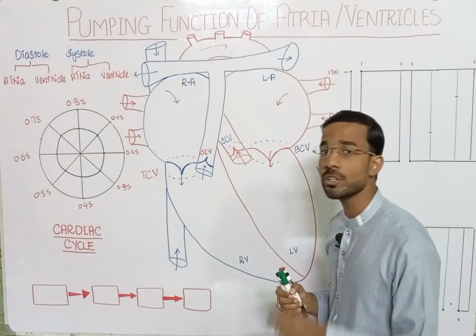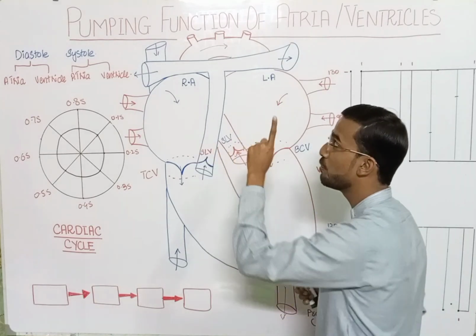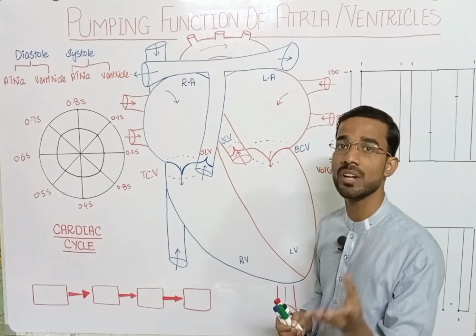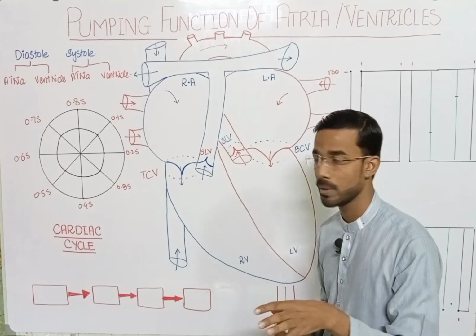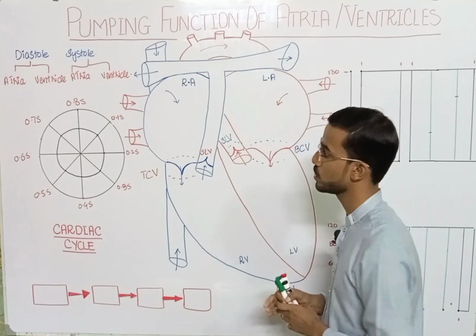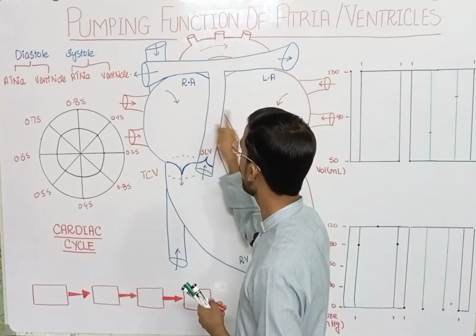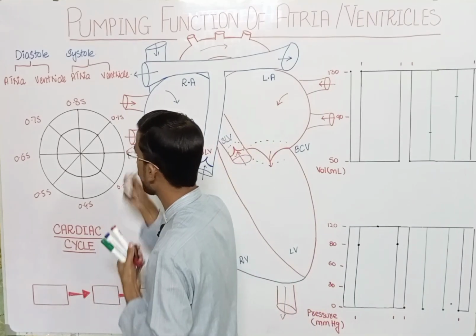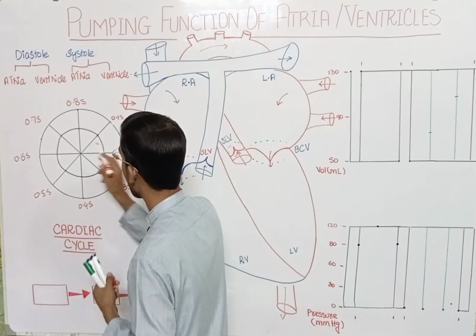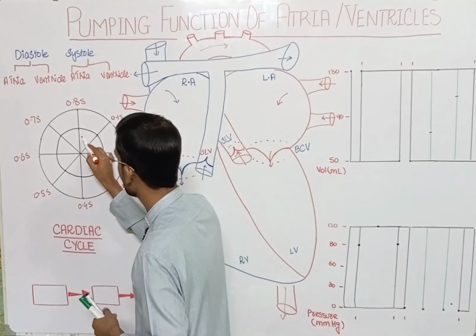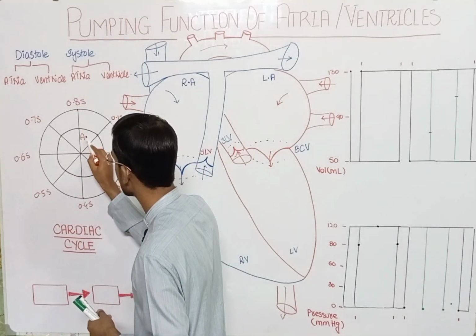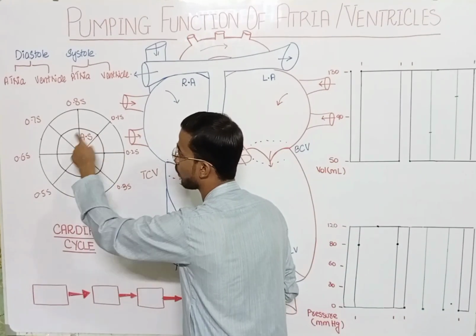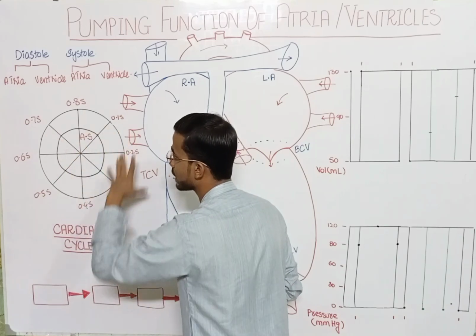Now, if we talk about the atria, when the atria are in the diastolic state and when they are in the systolic state in one cardiac cycle. First of all, the inner circle is for the atria and the outer circle is for the ventricle.